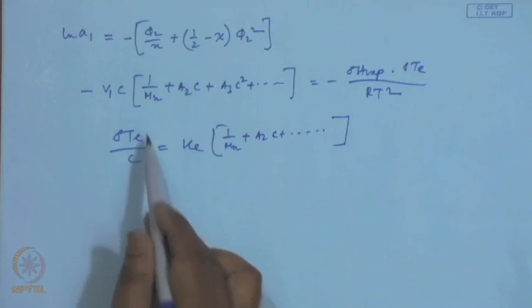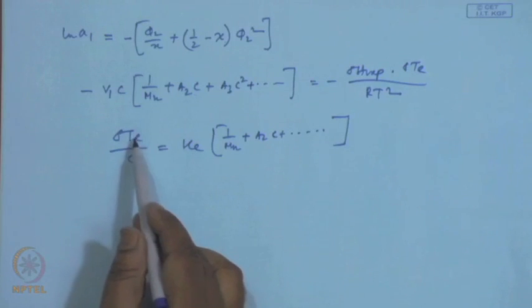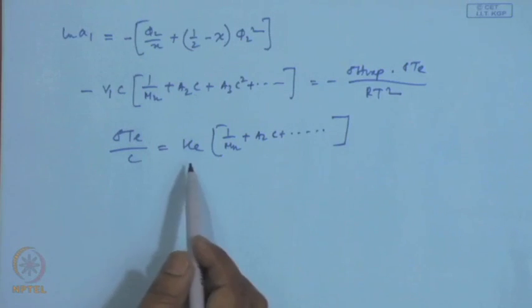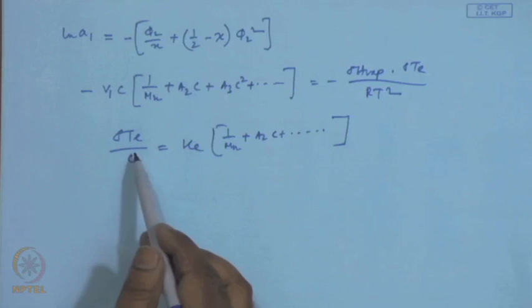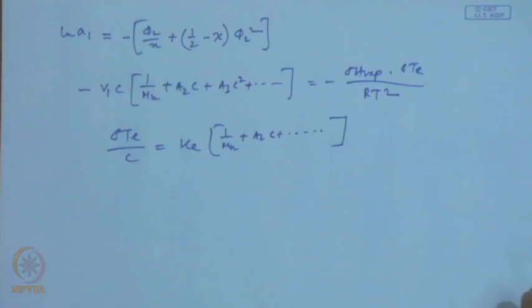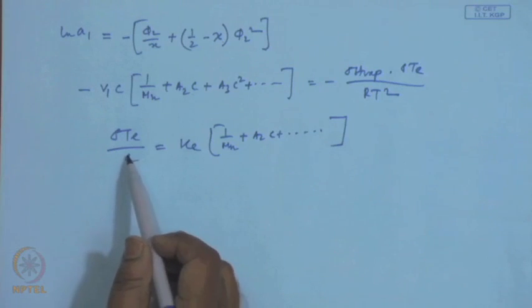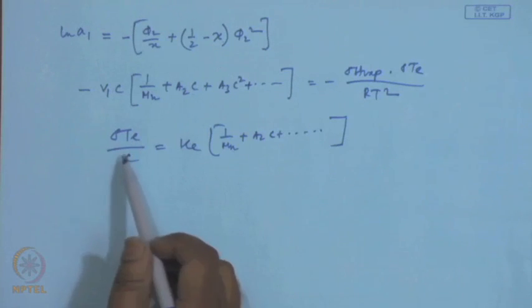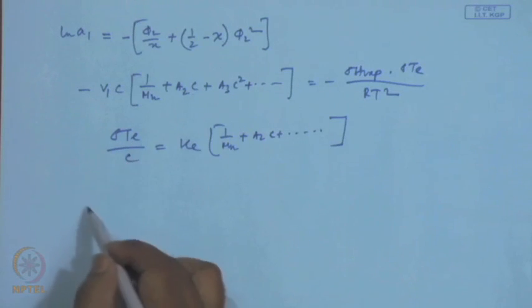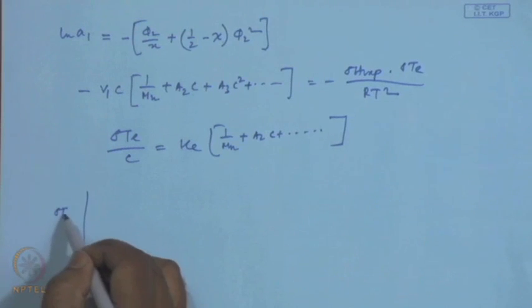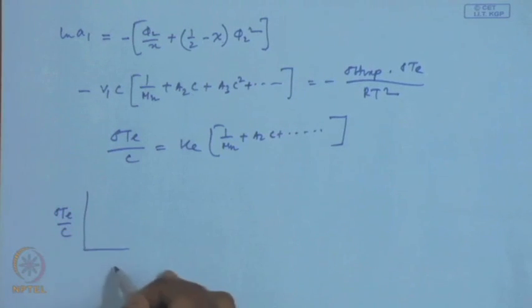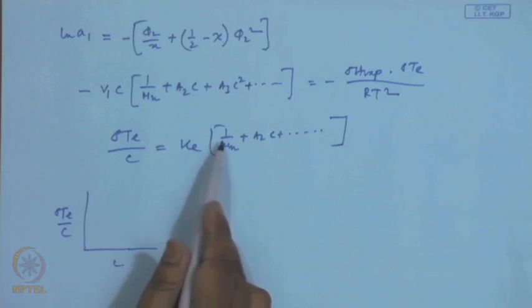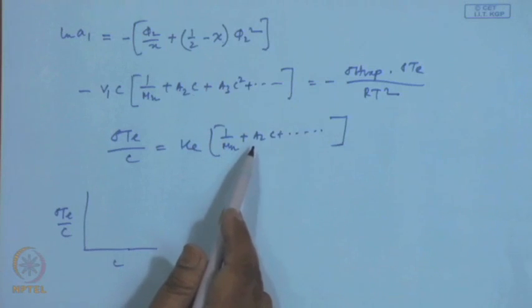So, basically, once we can get the delta Te, we can apply a similar experimental procedure as the osmotic pressure measurement. We can make five or a few dilute solutions of different concentration, measure delta Te, and then plot delta Te by C with concentration to get K by Mn and A2.